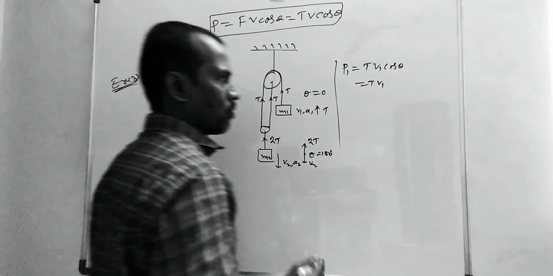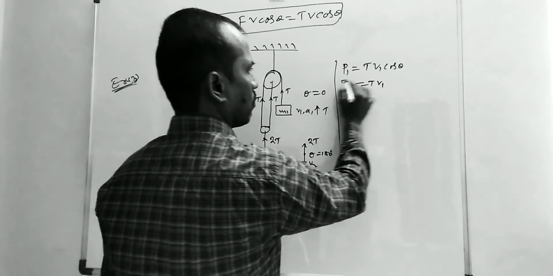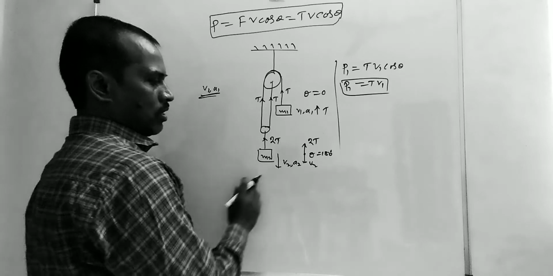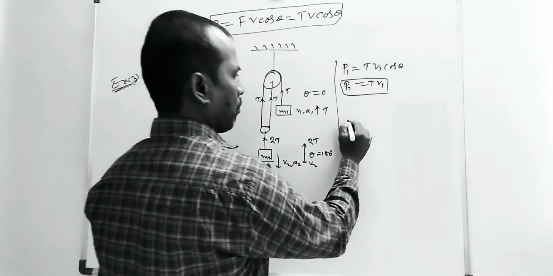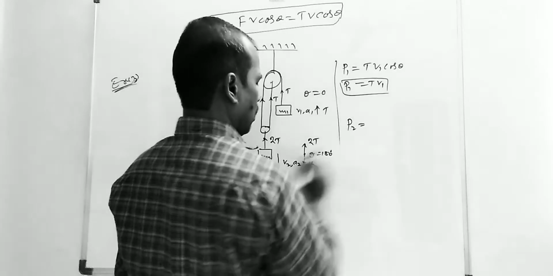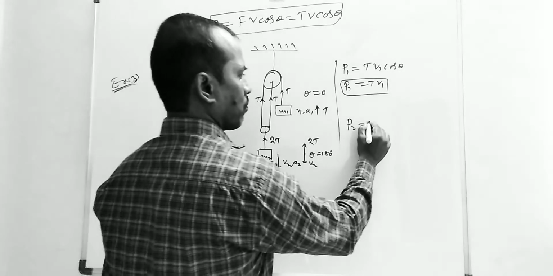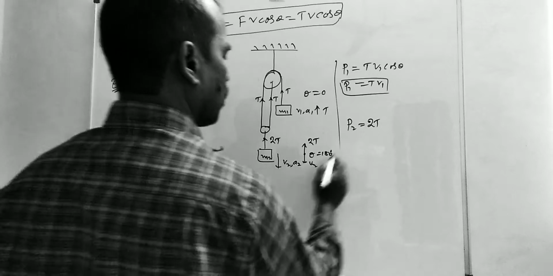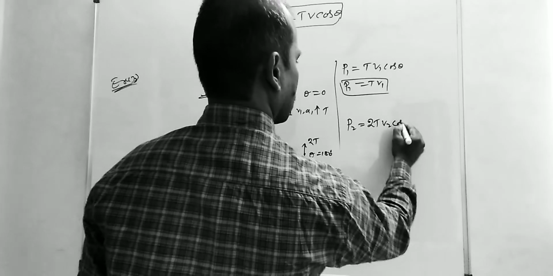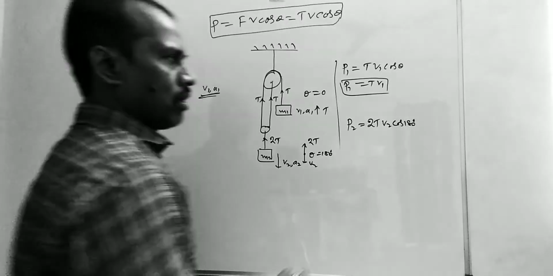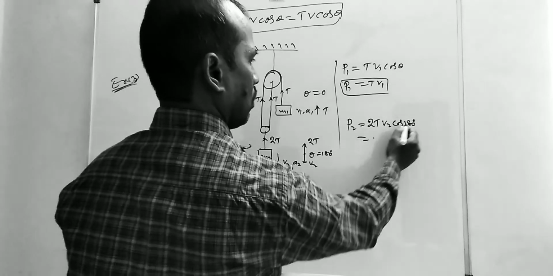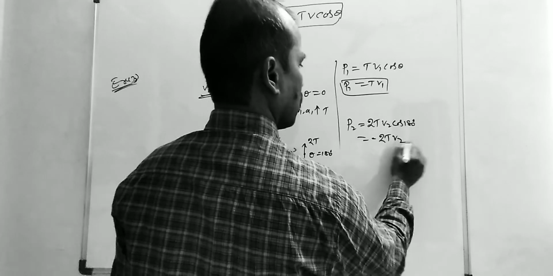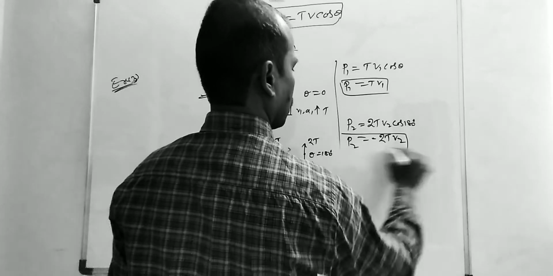Cos 0 is equal to 1, so P1 is equal to T V1. Next, the M2 block: the power of the M2 block, P2, is equal to the tension in the string 2T and the velocity of the block V2, cos 180 degrees. Cos 180 is equal to minus 1, so P2 is equal to minus 2T V2.